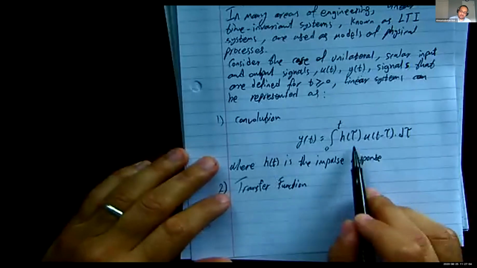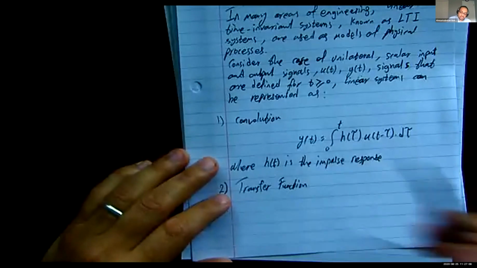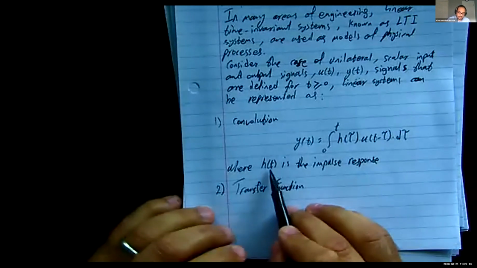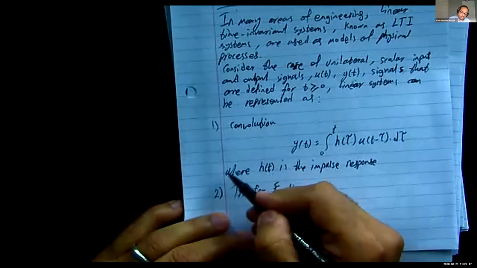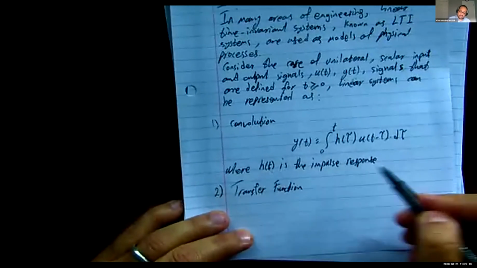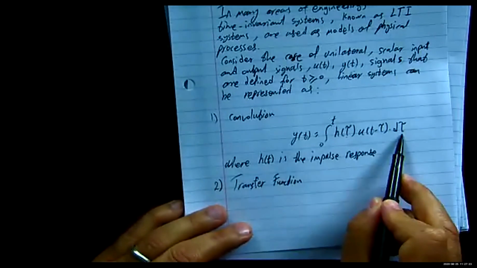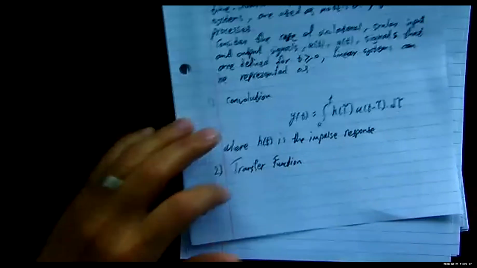What I'm saying is that the argument is a dummy variable. In general, h of t, h of tau, h of q, whatever. And t here is the time, where h of t is the impulse response. Tau here is the dummy variable for the integration. Okay, got you. Thank you, sir.